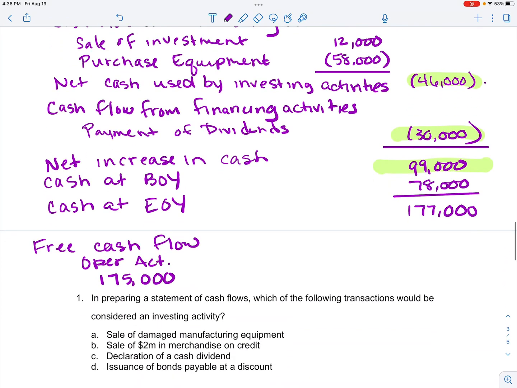Yep, 175. We purchased some equipment, so we're going to take that out. So any of those investment opportunities that we spent money on, as well as the dividends, which would give me my free cash flow of 87,000.